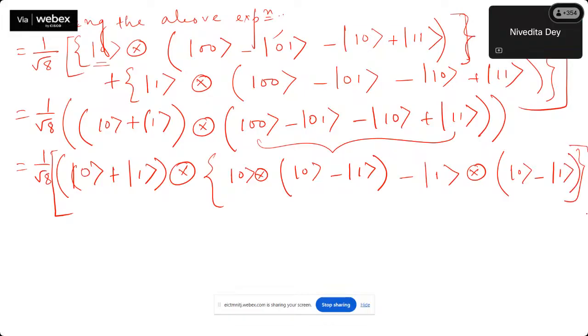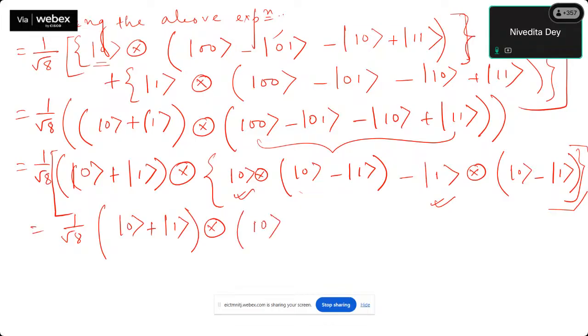Okay, so put it as it is, ket 0 plus ket 1 product. It will be again this. You cannot take this one as common first. So it will be this particular one and this one. So it will be ket 0 minus ket 1 and then a product of ket 0 minus ket 1.